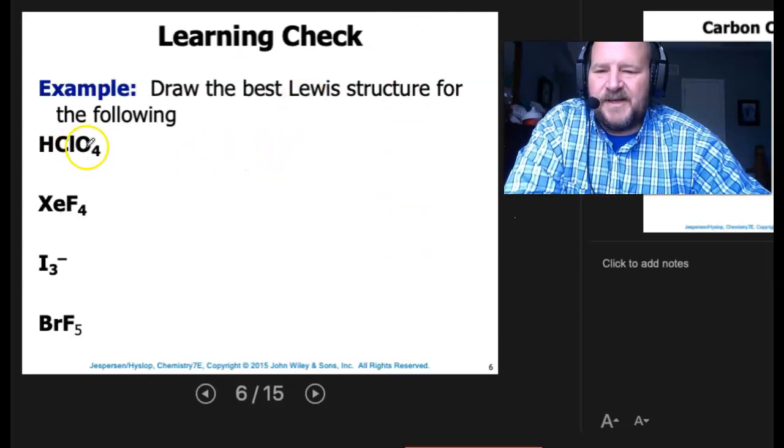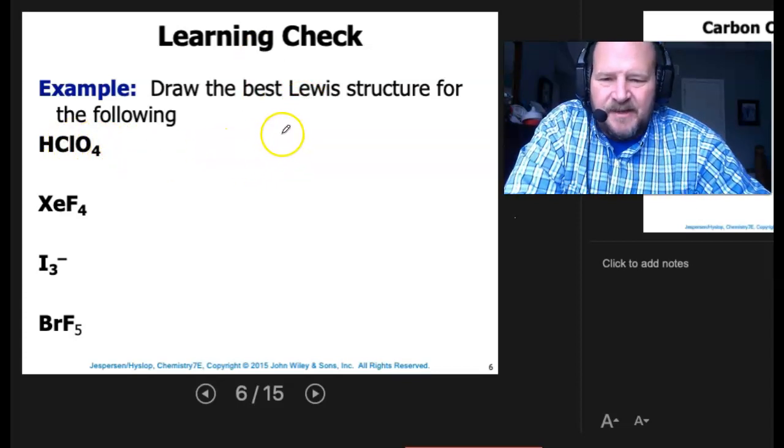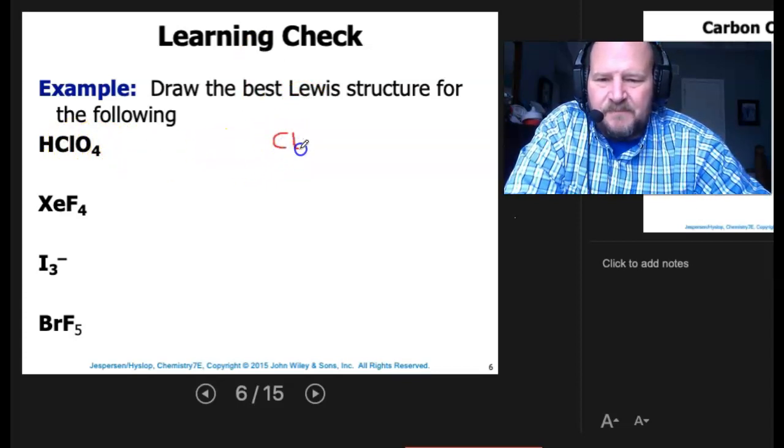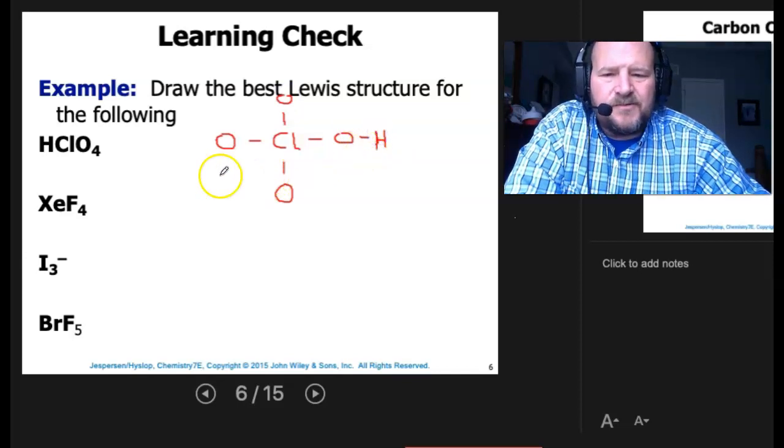All right, so HClO4. So chlorine here is actually going to act as our central atom. Put 4 oxygens on here. Okay, so that's our skeletal structure.